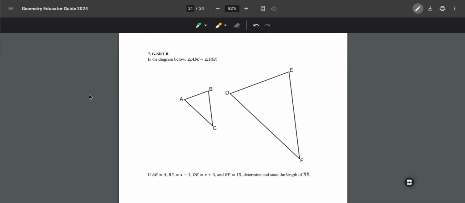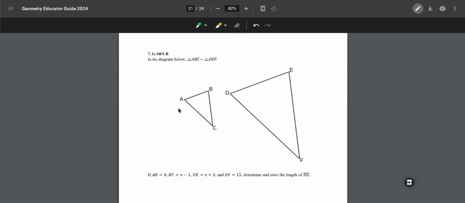So, the first thing I'm going to do is label my triangles.